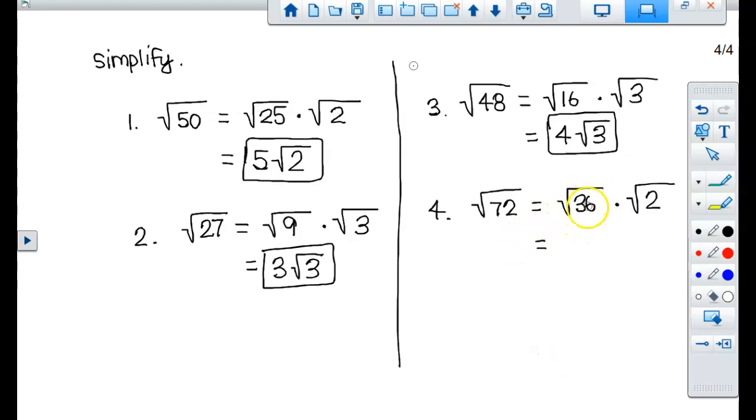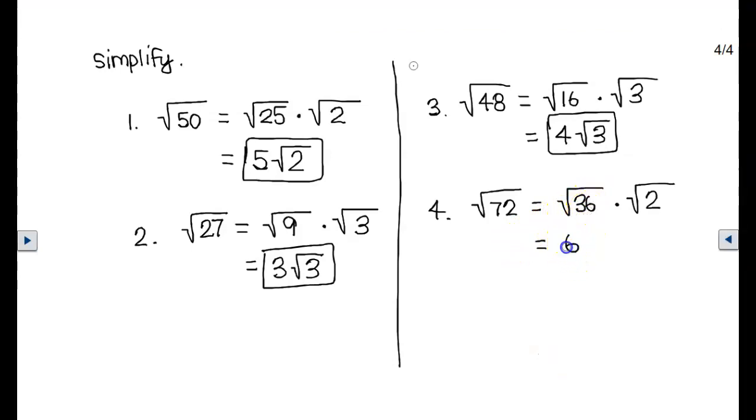So what number times itself is 36? That, of course, is 6. What number times itself is 2? We don't know, so we leave that alone. So the simplified version for the square root of 72 would be 6 square roots of 2.